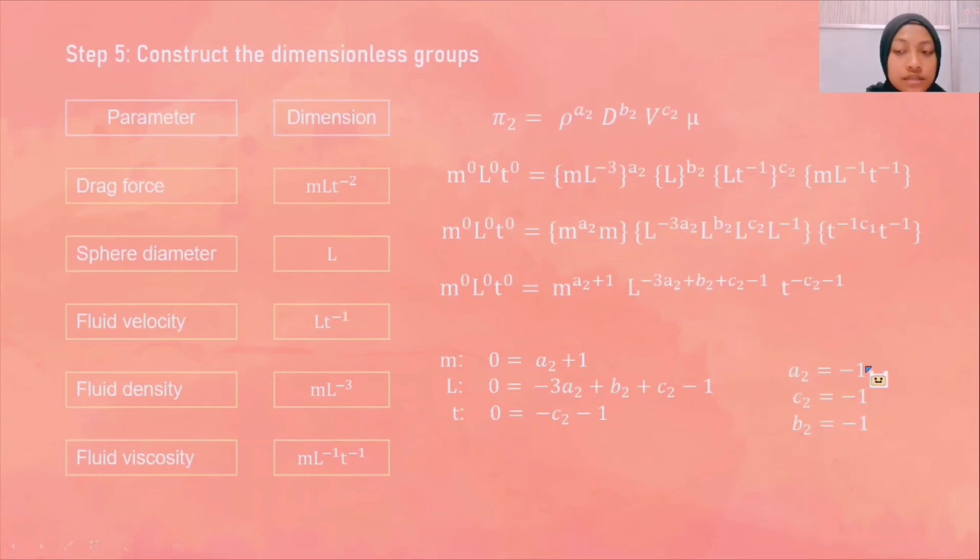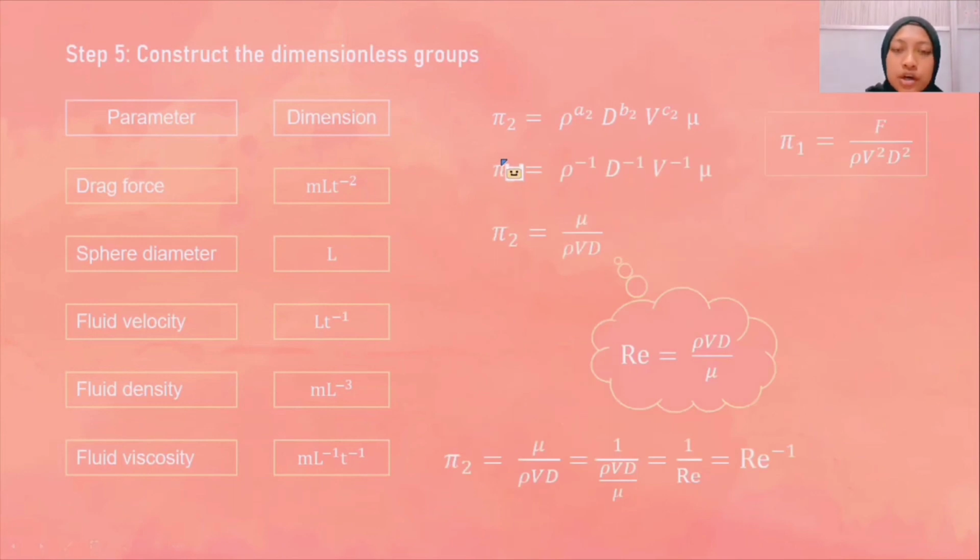a2 is equal to -1, c2 equals -1, b2 also equals -1. And then we replace the power coefficients in pi2 with these values. So we got pi2 equals rho power -1, d power -1, v power -1, times mu.